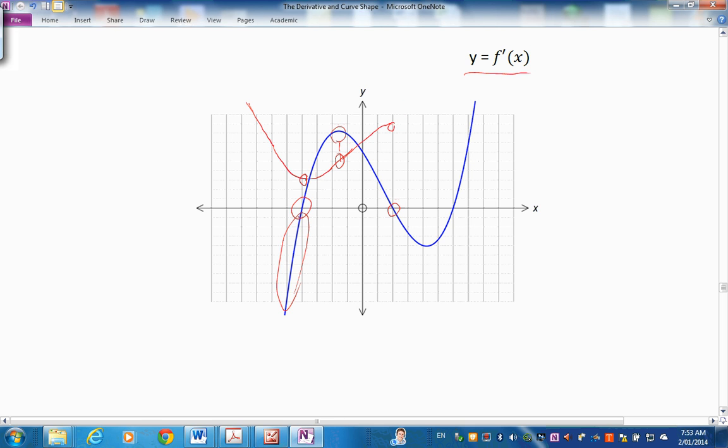There's got to be a turning point because the derivative is 0 here, and then the slopes of the tangents are negative, and this is the most negative, so that's the point of inflection. Okay, most negative slope, and then this is 0, so have to just come in here a bit.